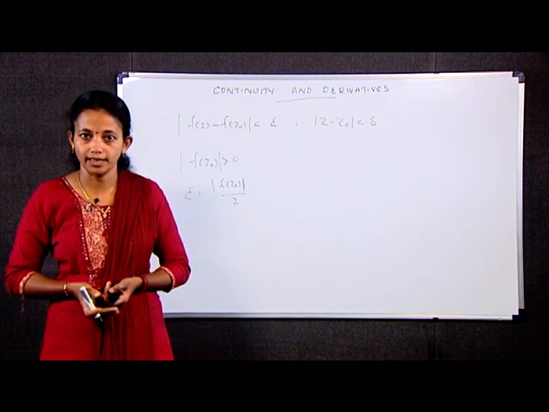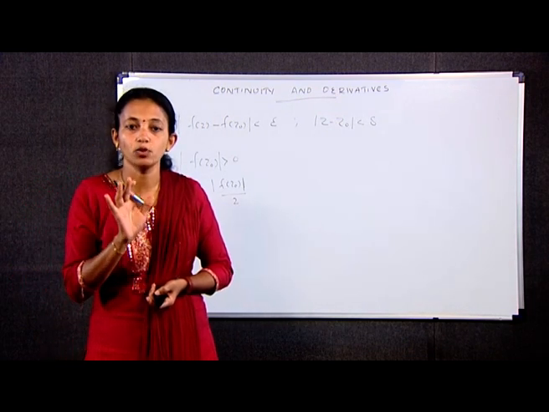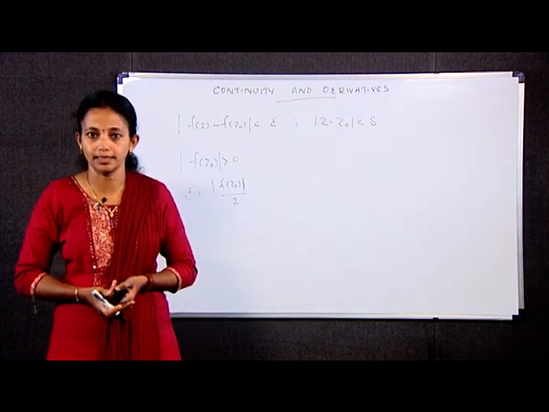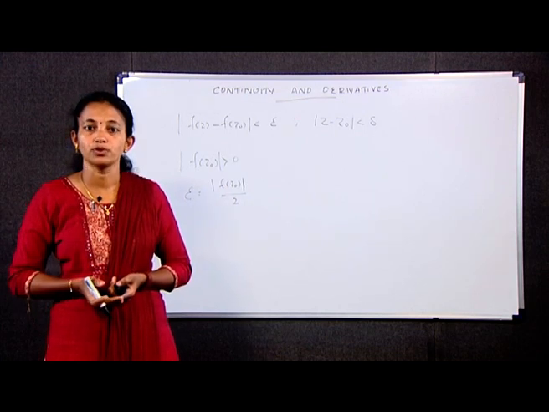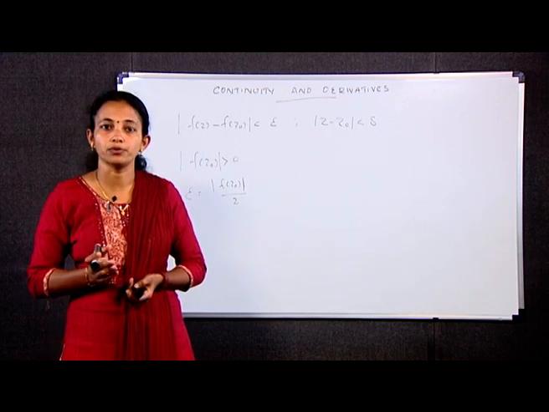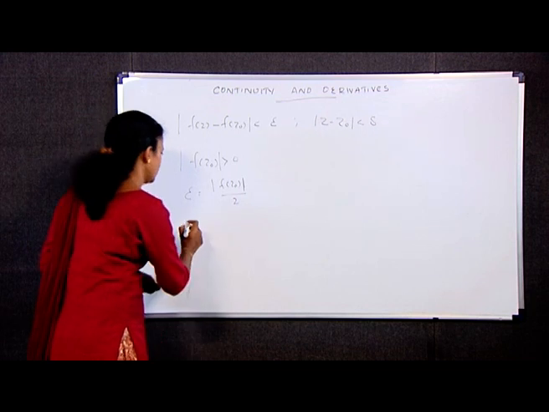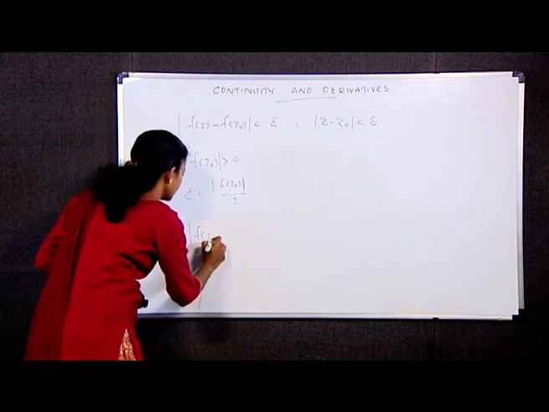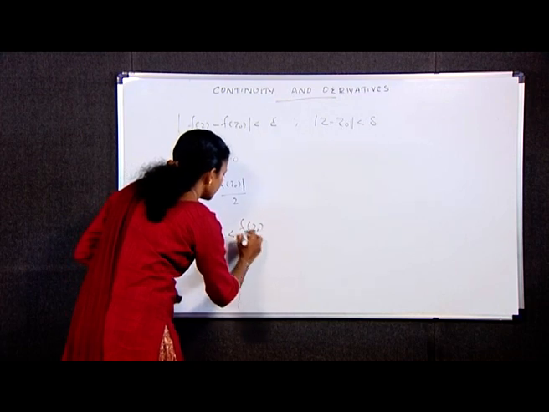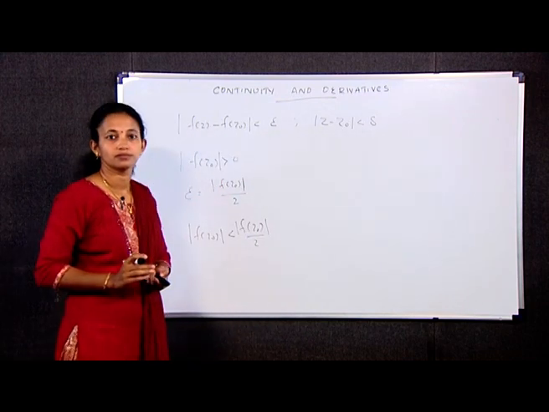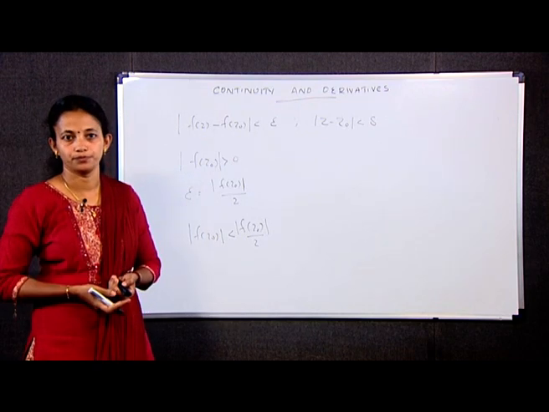Hence, it follows that f(z) is not equal to 0 at any point in the neighborhood |z − z₀| less than delta. Because if f(z) is equal to 0, the inequality above gives |f(z₀)| less than |f(z₀)|/2, which is a contradiction. So, we have the proof.